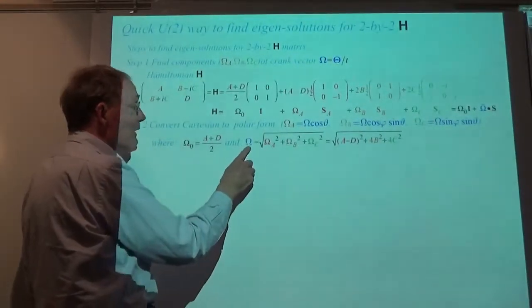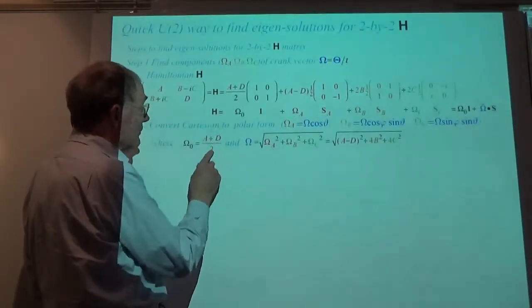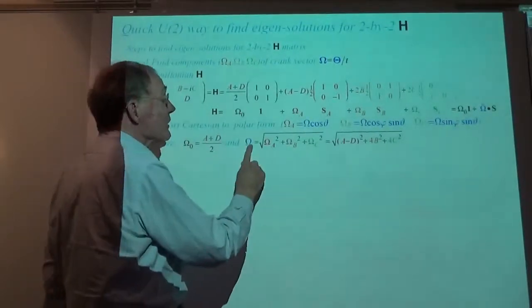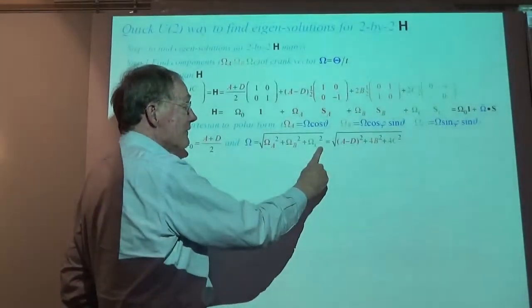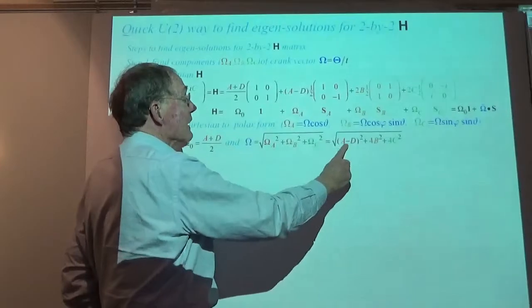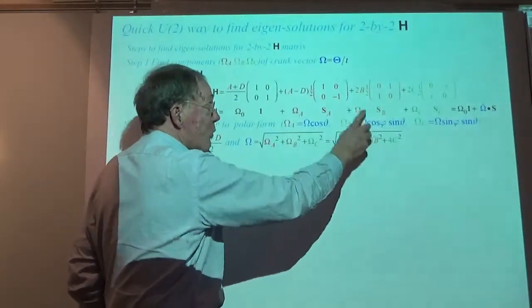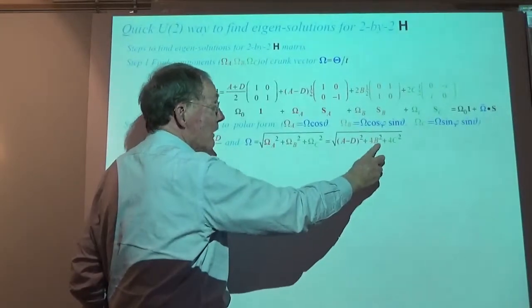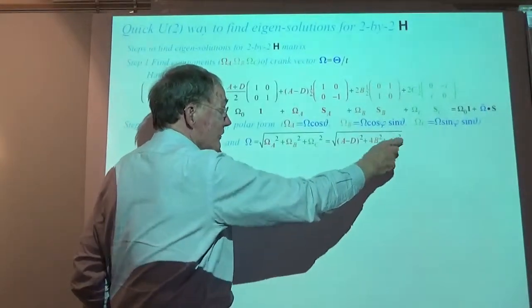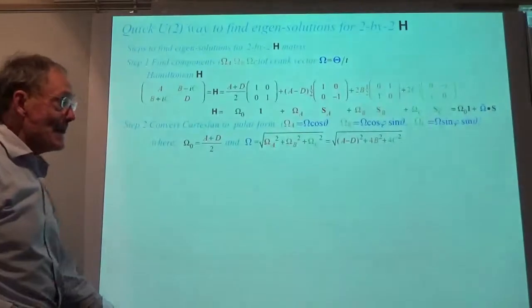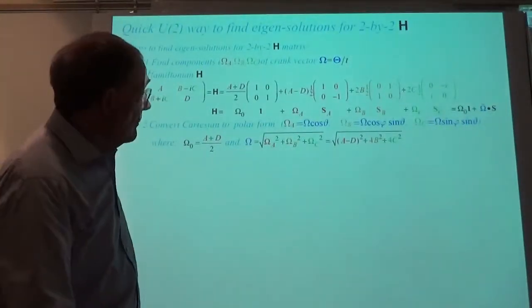So we're going to have, first of all, a plus d over 2 for this thing, but this is going to be the sum of the squares: the sum of the squares of a minus d without the 1/2, and twice b squared, which is 4b squared, and 4c squared. So there's your eigenvalue.